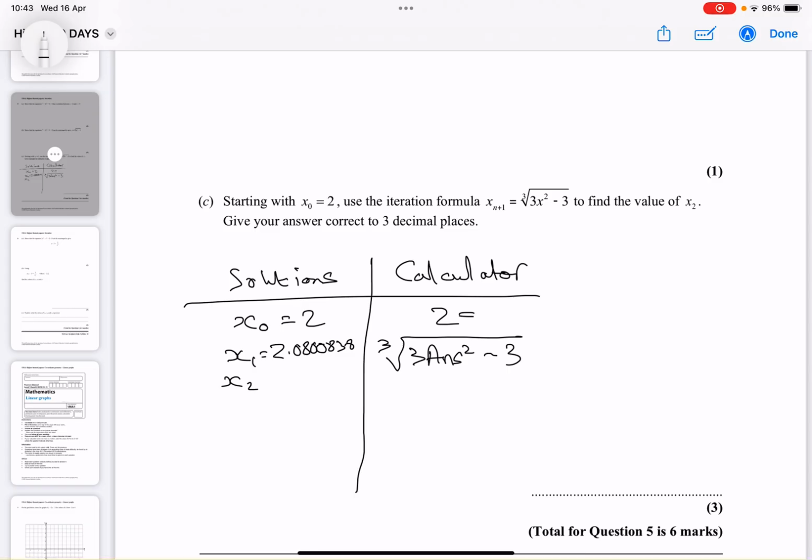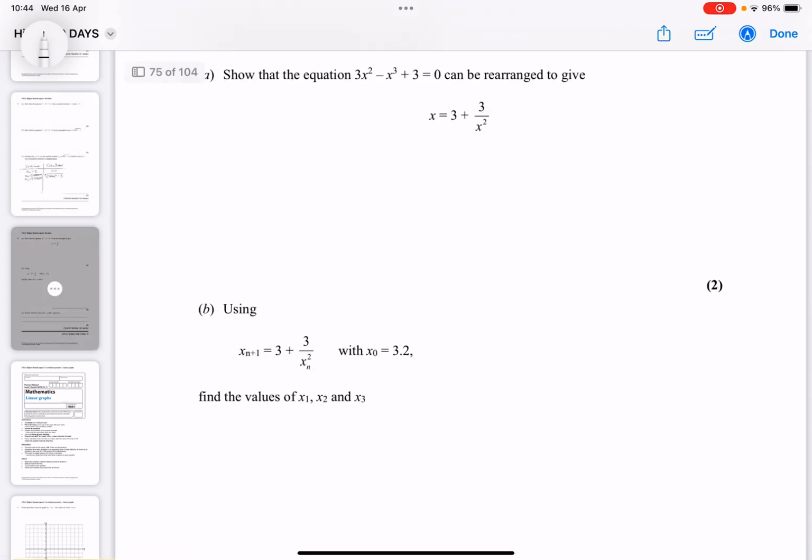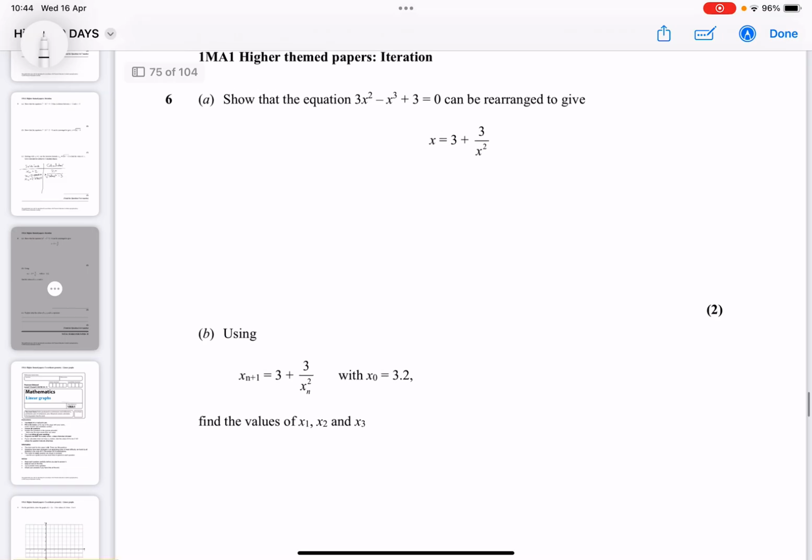So I've done the first one, the second one is 2.1530151. Okay, sorry about that. And then finally 6. Hopefully we can do this without having to keep going back.